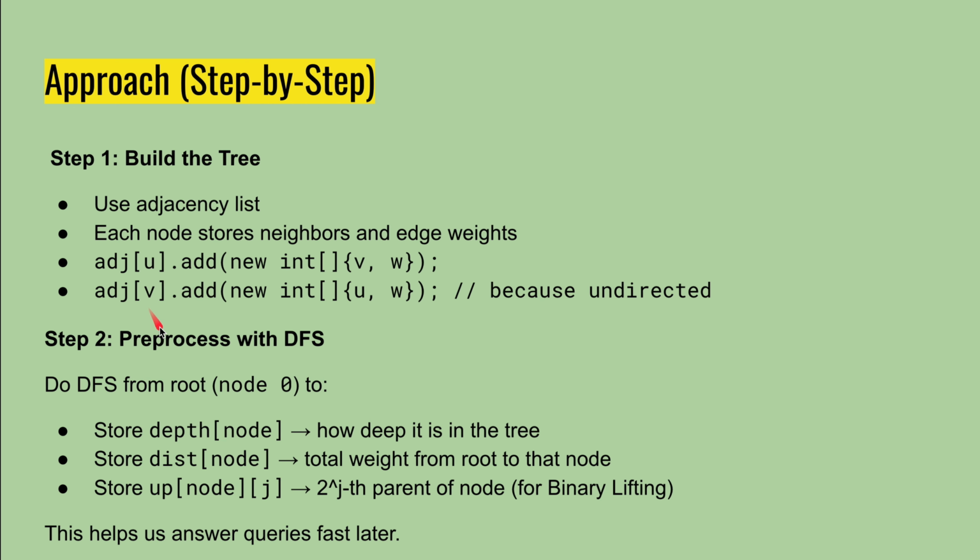Similarly, node v has neighbor u with weight w, because it is undirected. If it were directed, we would take only one path.